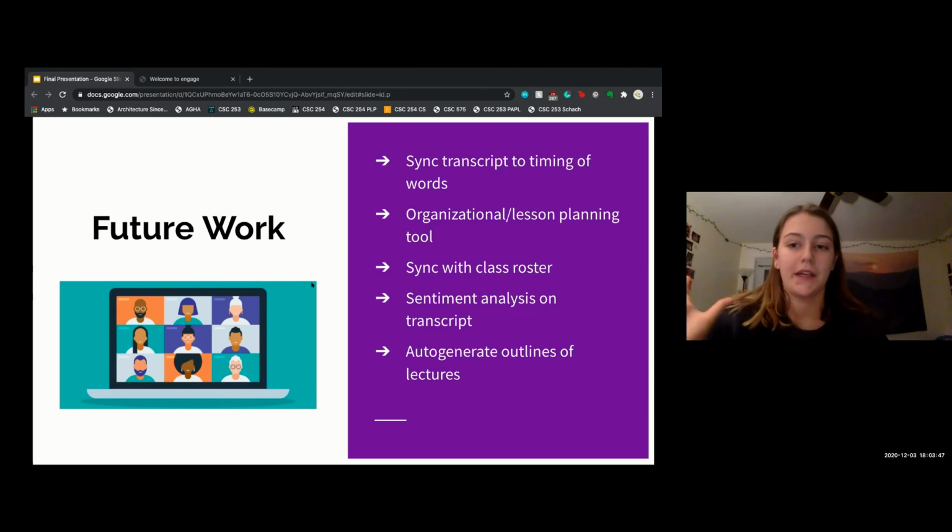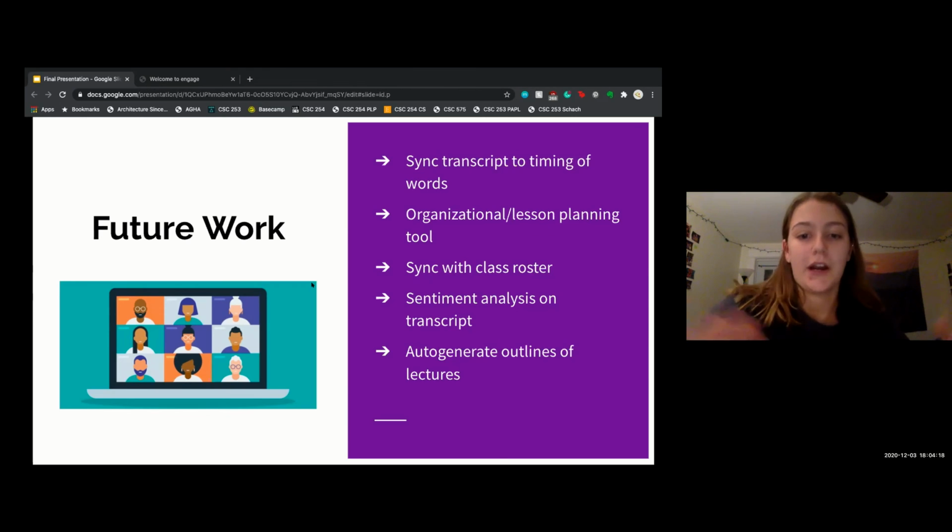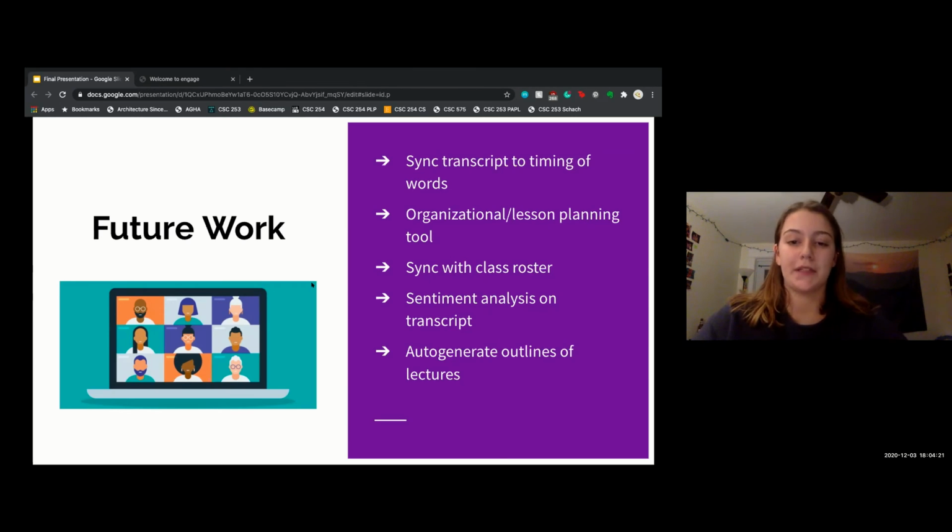Something like a smart teacher assistant that would analyze past class data and give suggestions on what methods or what topics need to be covered more, or what students might be struggling with. I also had an idea of syncing it with a class roster that a teacher could upload, so they could track students' individual progress and how they're grasping the topics.